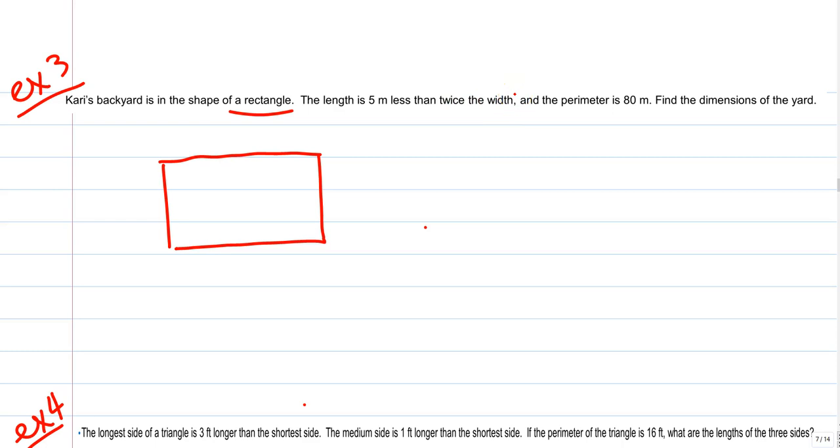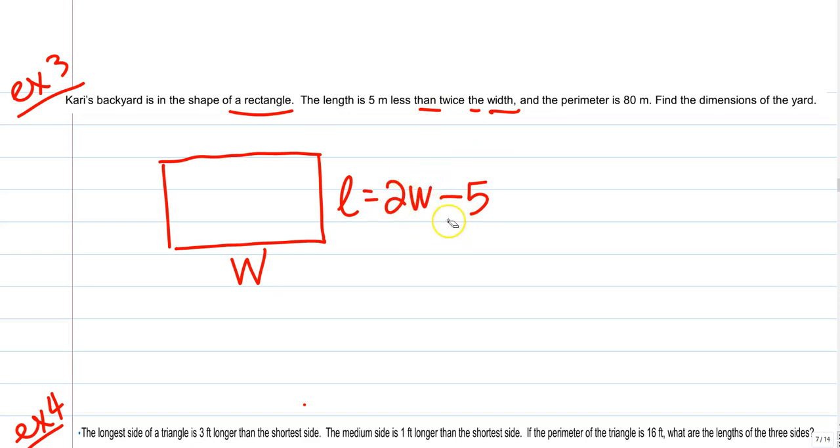Okay, remember this is like we had in the previous section whenever we have these word questions. They're comparing the length to the width. I can call the width W, and the length is 5 less than twice the width, 5 subtracted from twice the width.